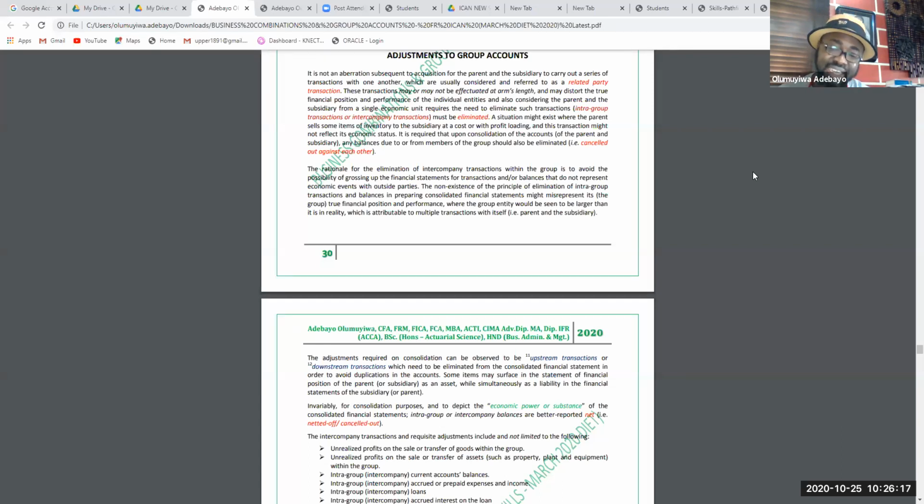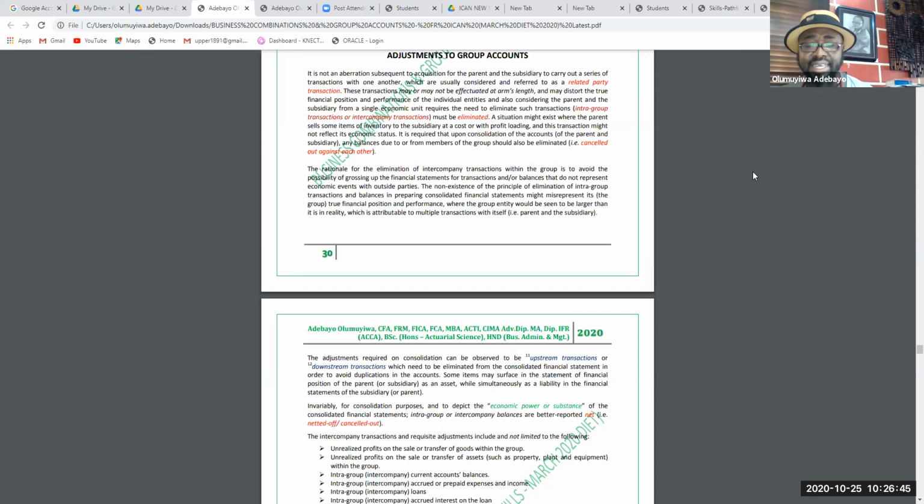But if we realize that a portion or a whole of that profit is not earned or realized, therefore we have a cause for concern. And we're going to discuss that later. But how do I know that a profit is appropriately earned in a group, or profit is actually realized from the group perspective?